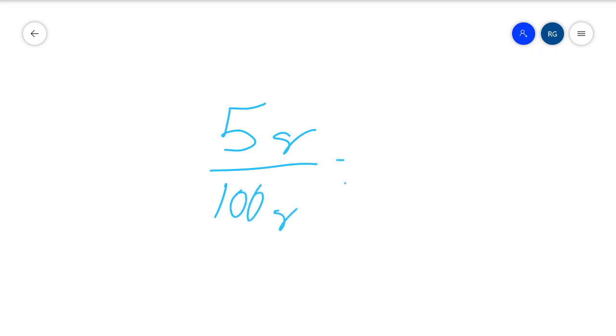Okay, so what do we get out of that? 5 divided by 100 equals 0.05. And then we're going to multiply that times 120. That should equal 6 tablets. Let me make sure I did that one right. That one's in question.